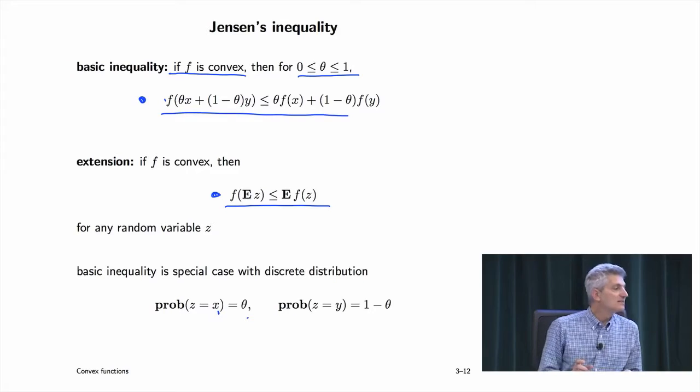But when you commute them, you get an inequality. One way to say this, and this is a little bit dialect, is that dithering increases the value of a function. Dithering is adding zero-mean noise to something intentionally.